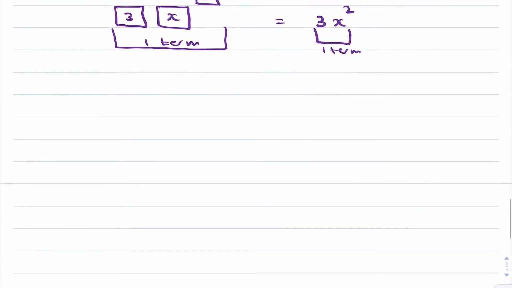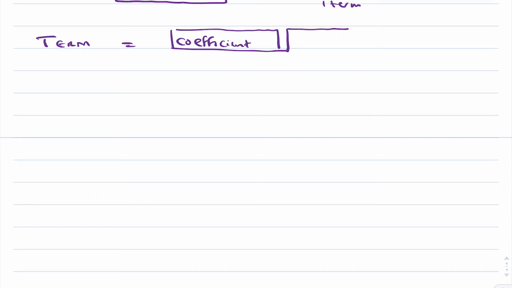So what I've written in terms of a term, a proper expression for it would be a coefficient, which is the number in front of the variable. So I'll write another little box for the variable next to it.